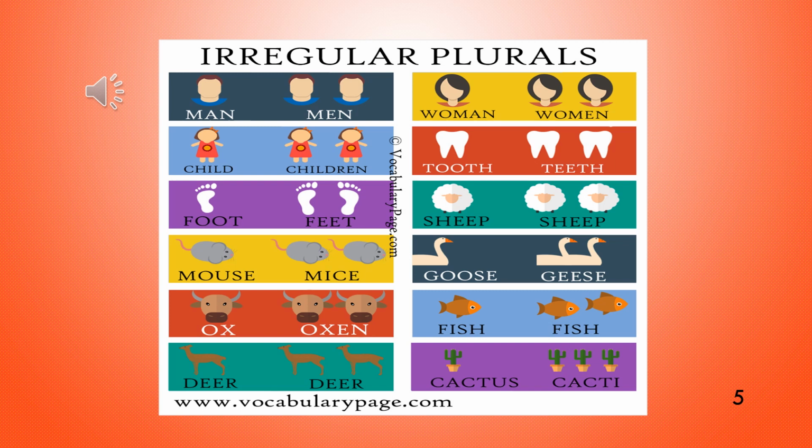Okay, I know that you have the answer, but I'm not able to hear you. But the answer is deer, sheep, and fish. You use the same word when you talk in singular and when you talk in plural. Remember that and keep it fresh in your mind.